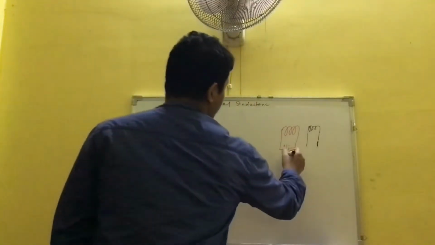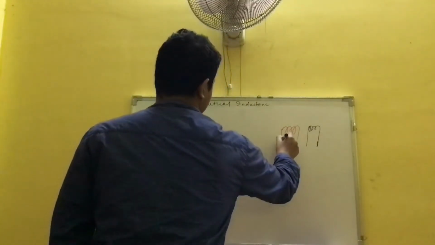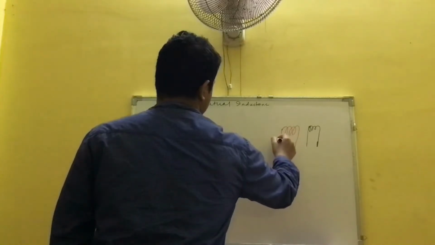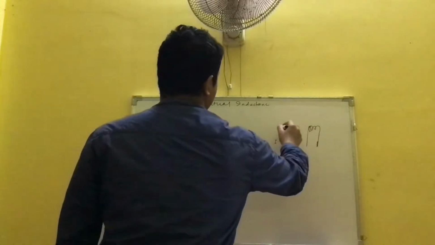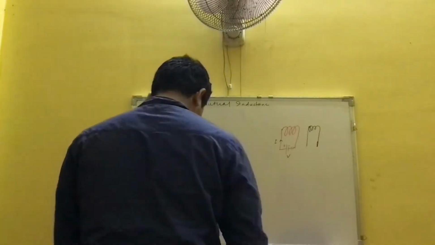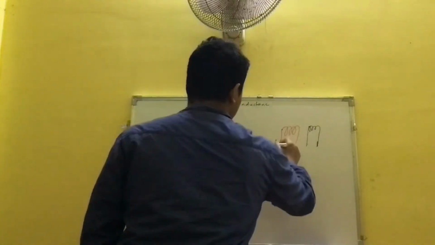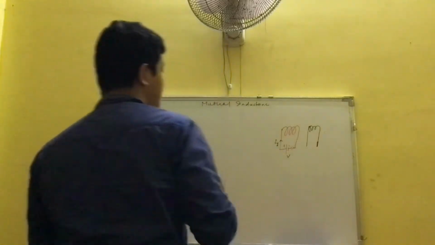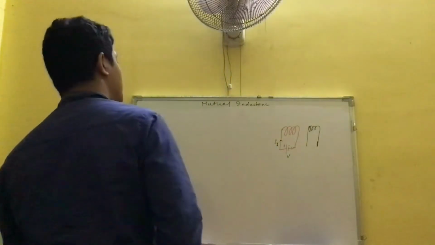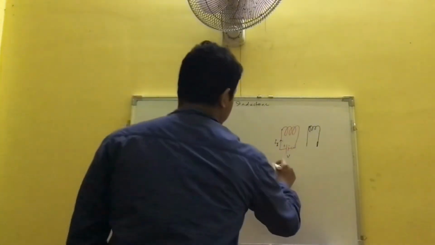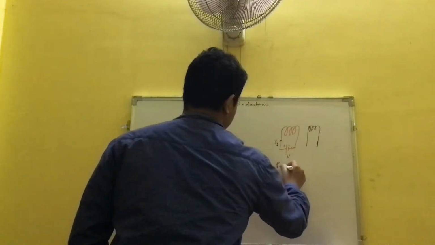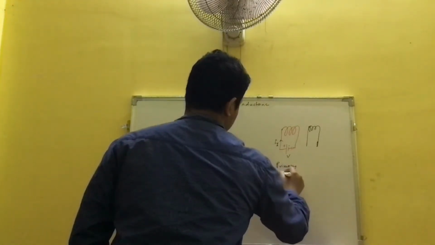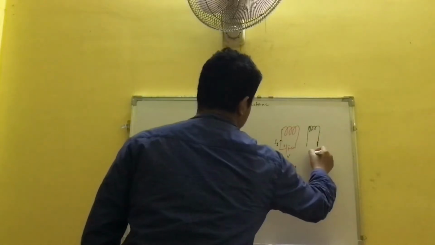So when this is switched on, current passes through this and a magnetic field will generate, right? This is suppose current I1. So I1 represents current in the primary coil. This is primary coil. This is secondary coil.